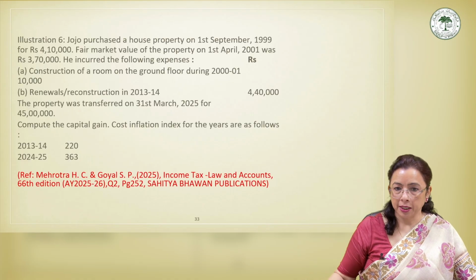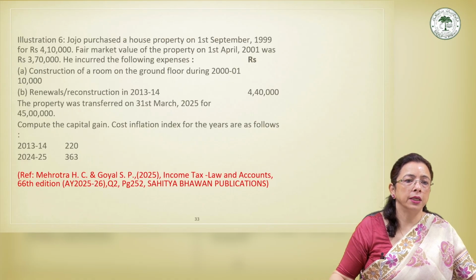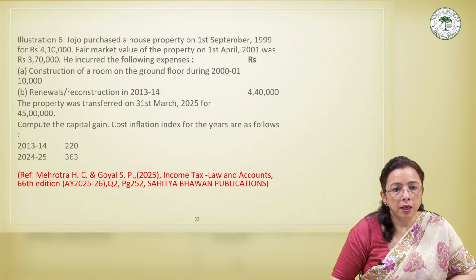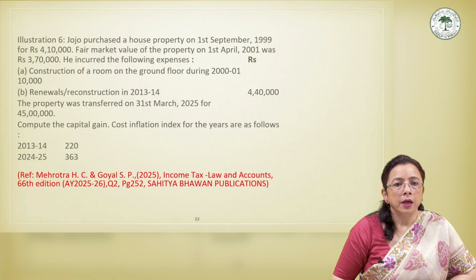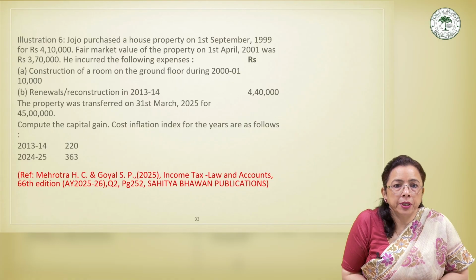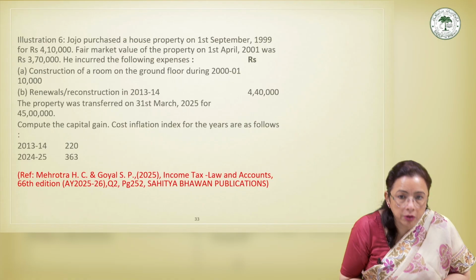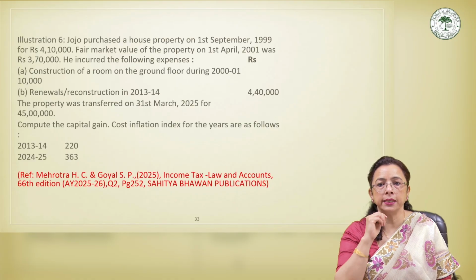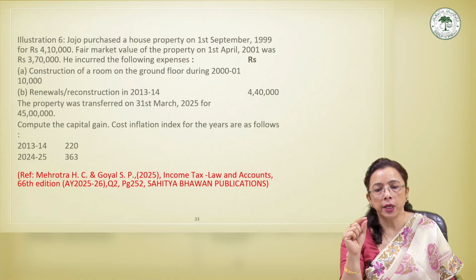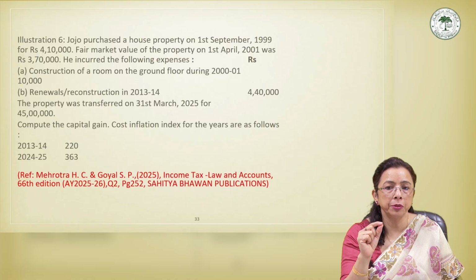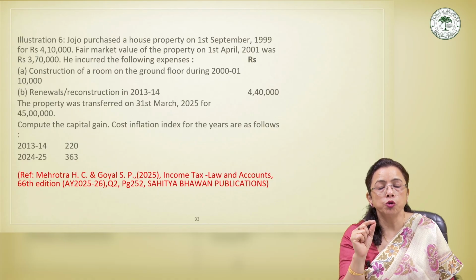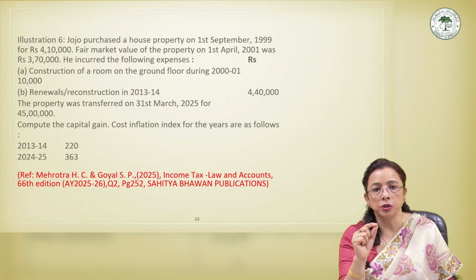So let us start. Here we have one illustration before us, which I'm going to read out first, and then we will solve it together. It says that Jojo purchased a house property on 1st September 1999 for rupees 4,10,000. The fair market value of this property on 1st April 2001 was rupees 3,70,000.